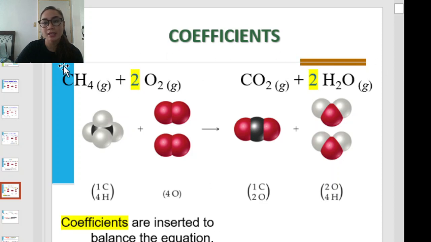So if you notice here, it is balanced out already. And coefficients also tell us how many molecules are in our chemical equation. So here we have 2 molecules of oxygen, and here we have 1 carbon dioxide and 2 water molecules. So that is what our coefficients mean.